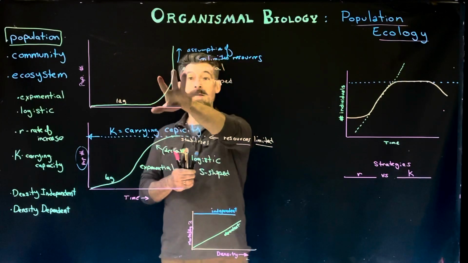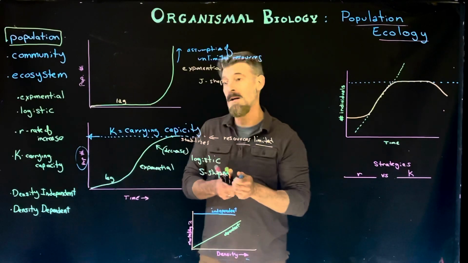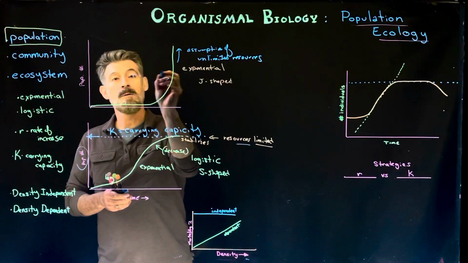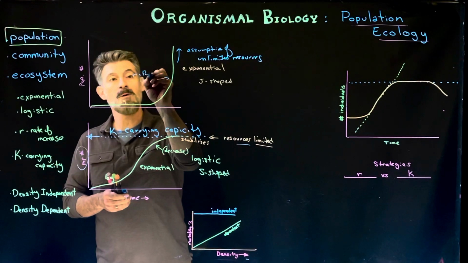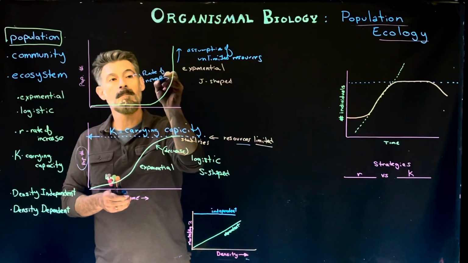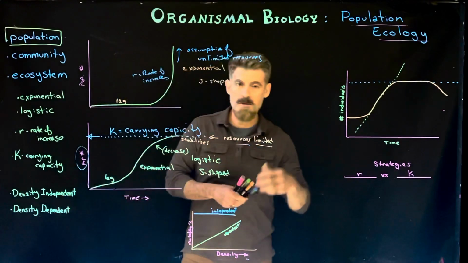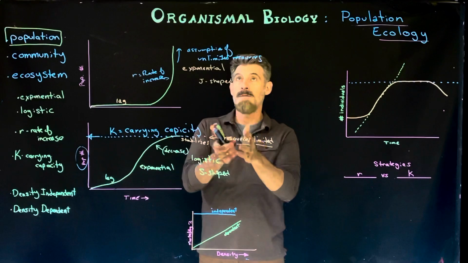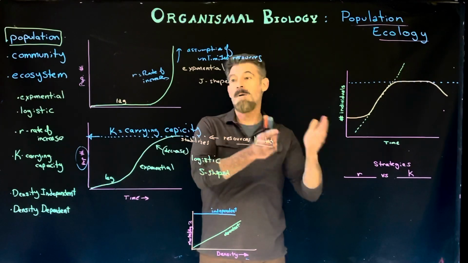So, for example, in this scenario we talked about with the cells, this increase here, r, can also be known as just the rate of increase, which can also be measured. So how many duplications you're getting per unit time, okay?